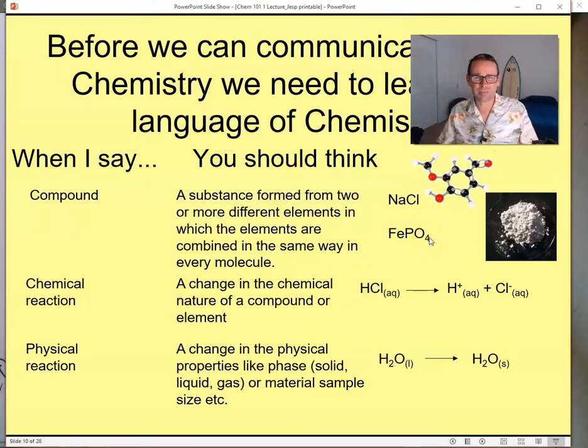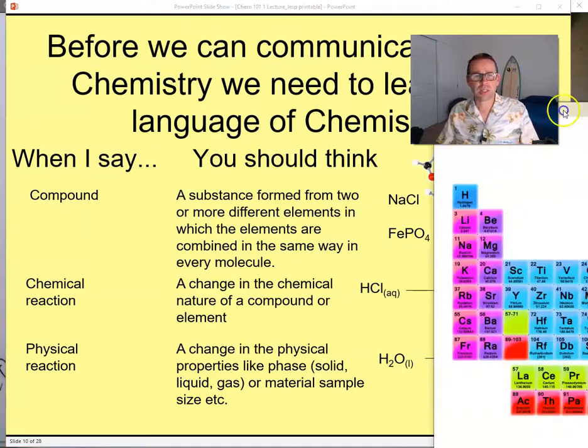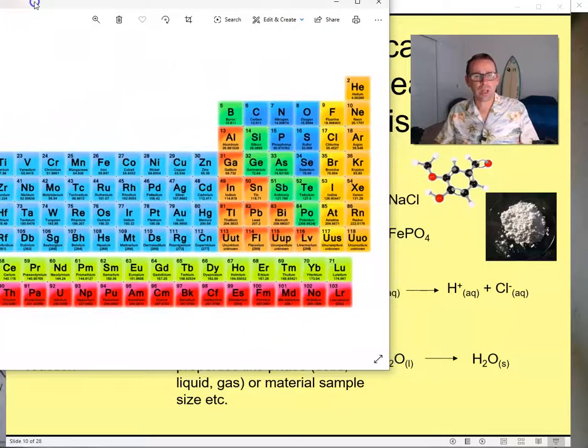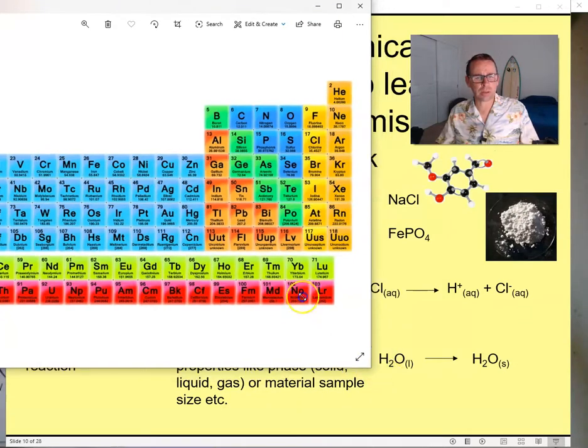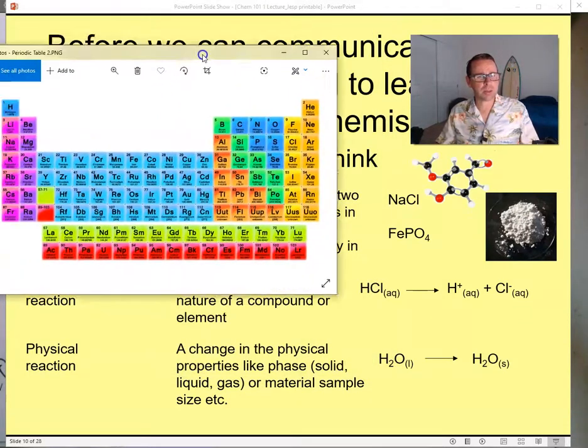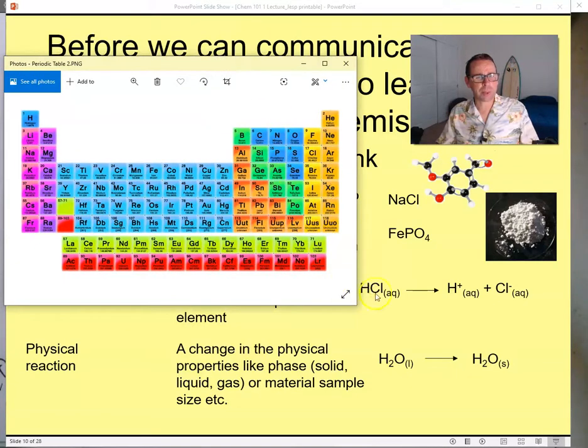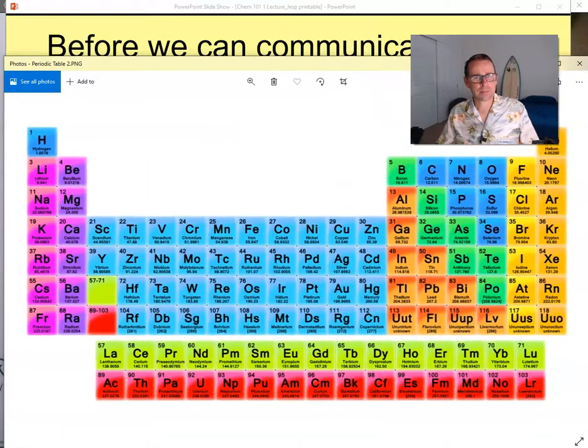There are thousands, millions of different combinations that we can have for these compounds. FePO4, let's give you a little test here. Is FePO4 a molecular or an ionic compound? Try to get the periodic table here so you can see it. What do you think? Can you enlarge the table a little bit?